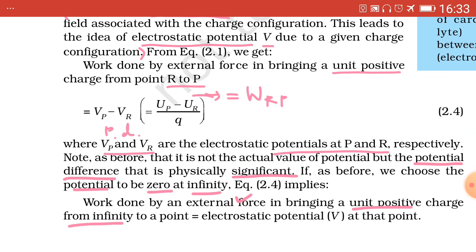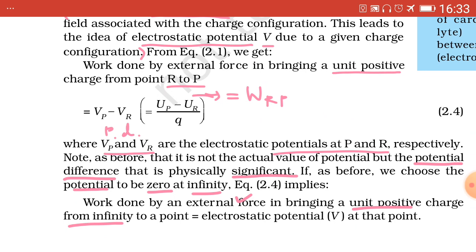Now the SI unit is the volt, after the name of the scientist Volta, and its equivalent form is joule upon coulomb, because for work the SI unit is joule and for charge the SI unit is coulomb.